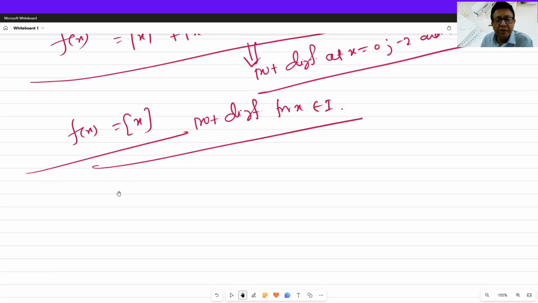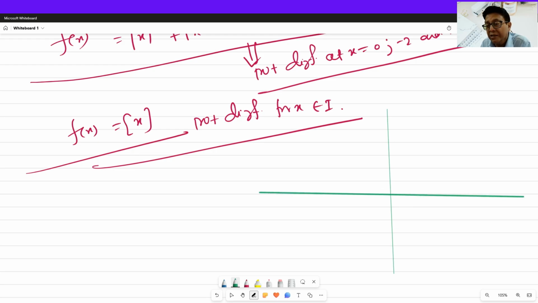If you consider the graph of the function, let me explain the graph of the modulo function, a rough sketch. At integer points, it has different limiting values. So the graph of the function is like this.